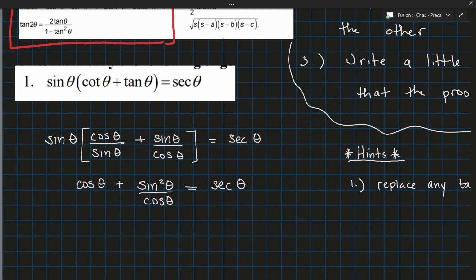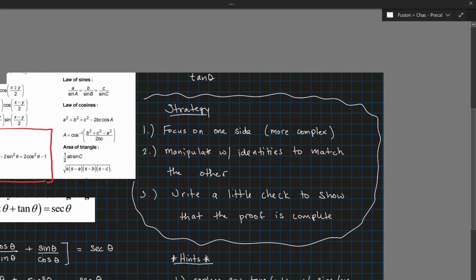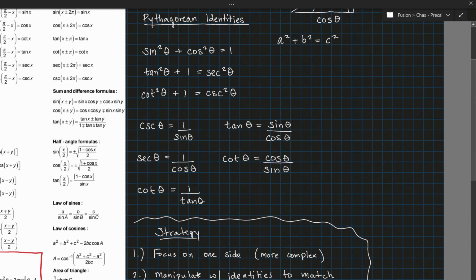Now, what does that sine squared make you want to do? It makes me want to add cosine squared to make it equal to 1, or something along the lines of that. So, using the Pythagorean identity, yes.